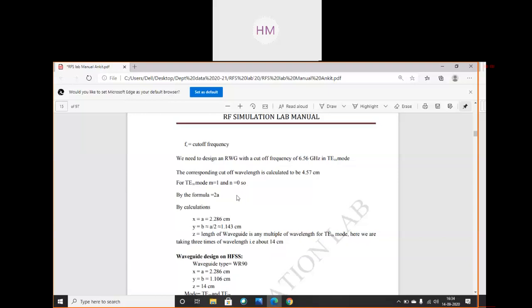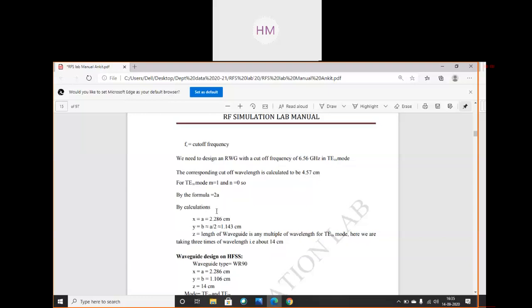And now you can find out lambda c formula by putting this m and n values. 2 upon m by a the whole square. M is 1, okay? And you will get by that formula lambda c mn as 2a. Clear? Lambda c by formula number 1, you will get 2a. By formula number 2, you are getting the cutoff wavelength.